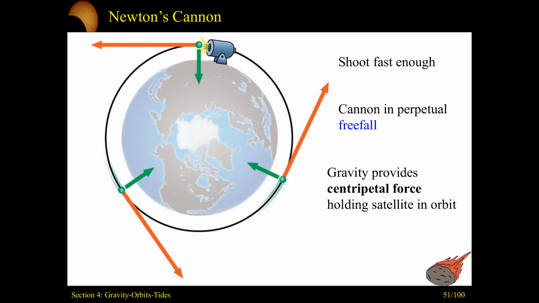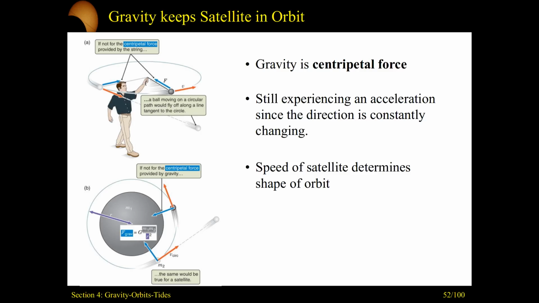Now, if you slow down even just a little bit, just a tiny amount, then you're going to eventually crash down to the surface of the planet. If you speed up, well, now you're going to take this circular orbit and you're going to stretch it into an ellipse. Just pull it apart. So, gravity is providing a centripetal force.